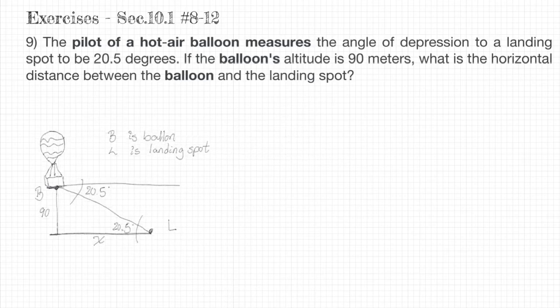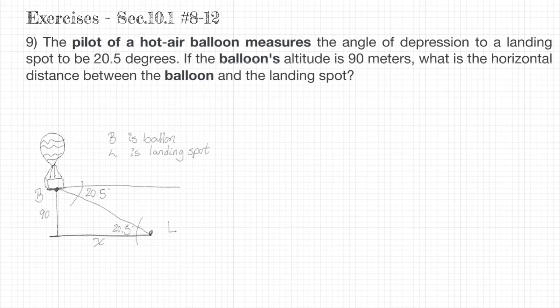And because of that, this angle right here is equal to it. This is my height, my altitude, 19 meters. So I have this, which is my opposite side, and I have this, my adjacent side.